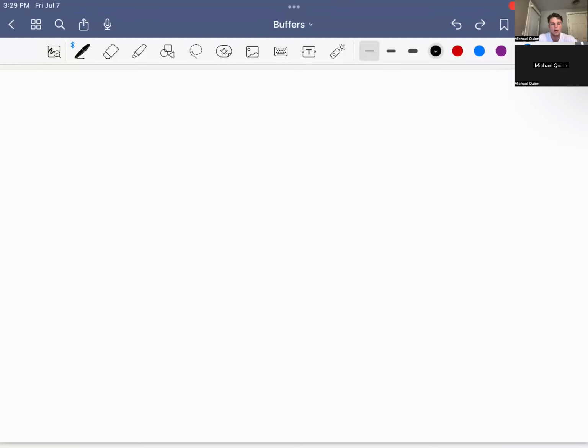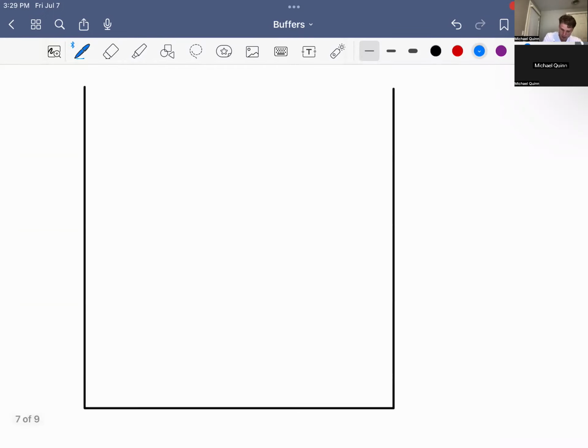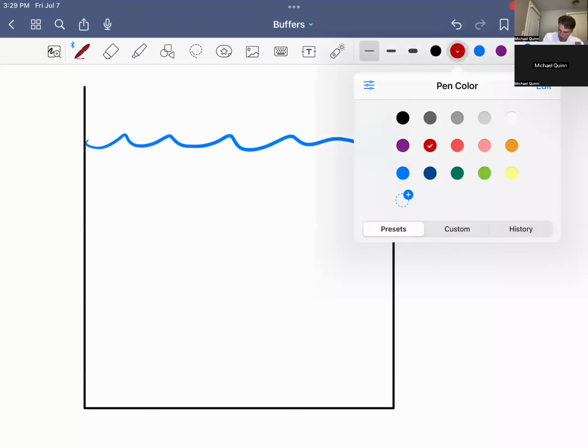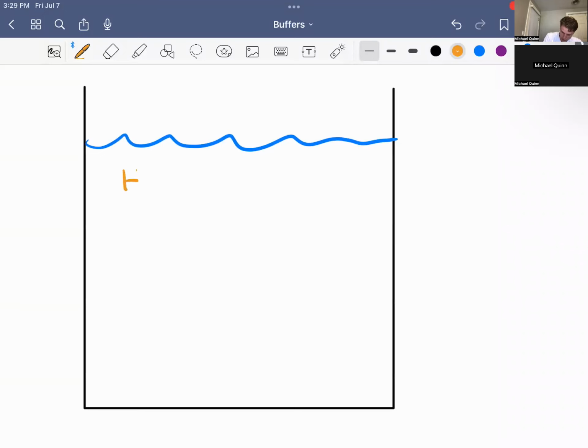In this video, I'm going to be going over how to calculate the pH of a buffer solution throughout a titration using a titration curve. So if we were to start with a beaker of water, and in that beaker, we're going to see HA, which we can call a weak acid.